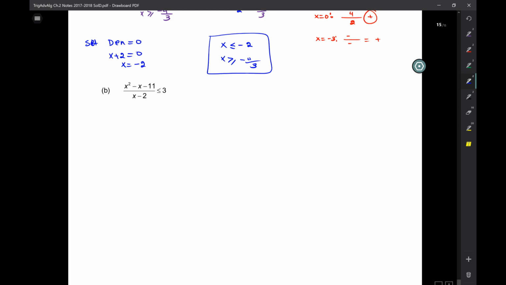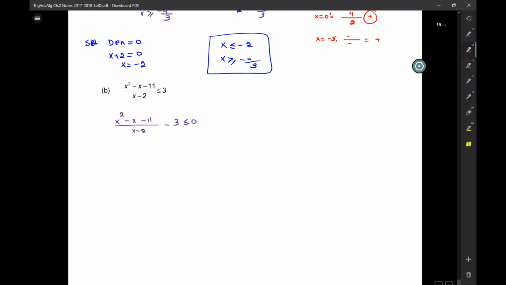Before you even do anything else, take everything to the left side of the inequality. All right, so that means this is going to be x squared minus x minus 11 all over x minus 2 minus 3 less than or equal to 0. Now that's going to be what we're going to work with.